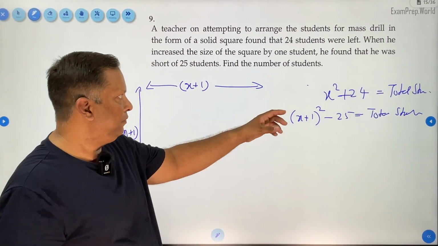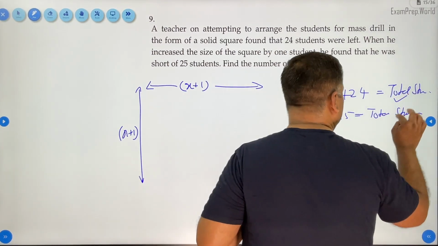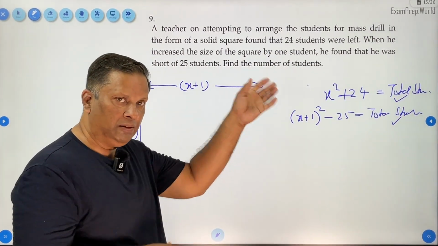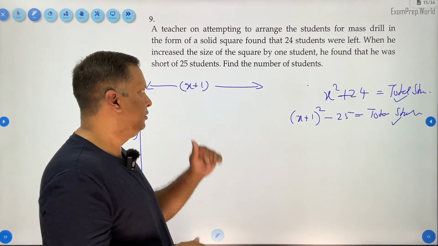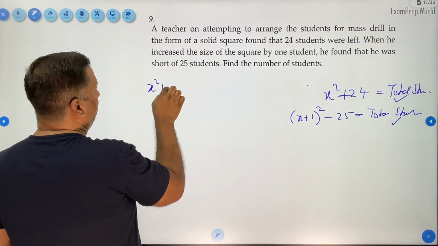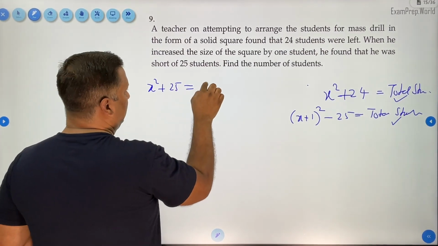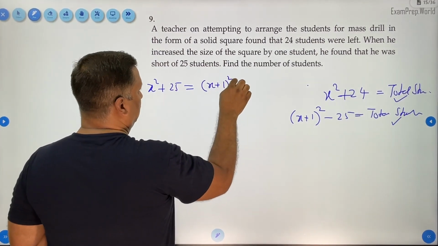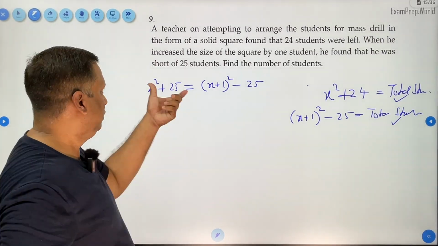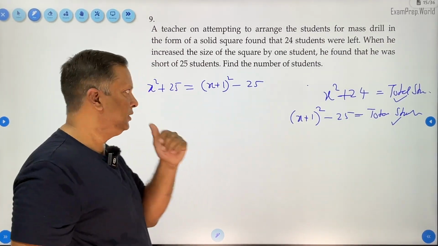So this is also total students, this is also total students. Can we equate them to get an expression? Let us see. x square plus 25 should be equal to x plus 1 whole square minus 25, correct?